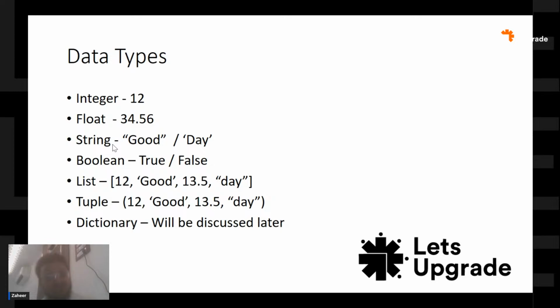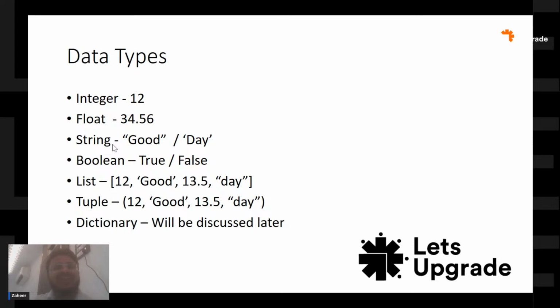It can be integer, which are the numbers. It can be float, which are the decimal values. It can be string, which in Python you can write with either double inverted commas or single inverted commas. It can be boolean, which gives only two values, true or false.